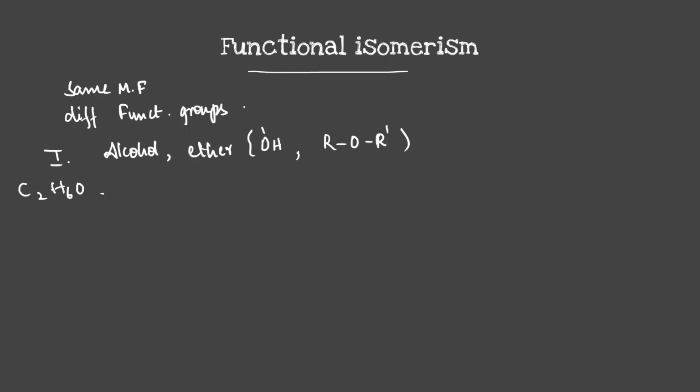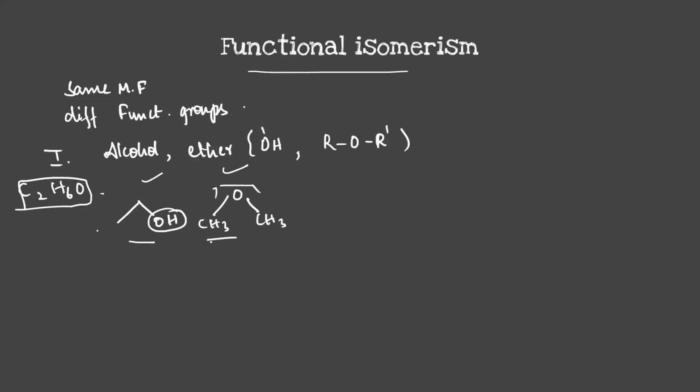Now what are the possible functional isomers you can write for it? So you can write an alcohol, CH3CH2OH. Yeah, the molecular formula is satisfied. And you can also write an ether. Check it. So you have CH3, O, CH3, C2H6O, right? So alcohols and ethers both have the same molecular formula C2H6O, but here there is an alcohol functional group, and here it is an ether functional group. So this is a functional isomer.